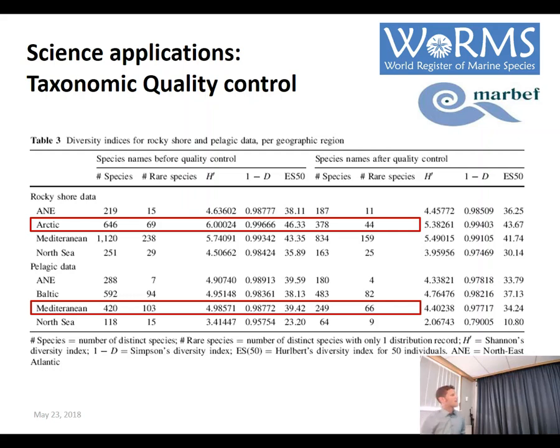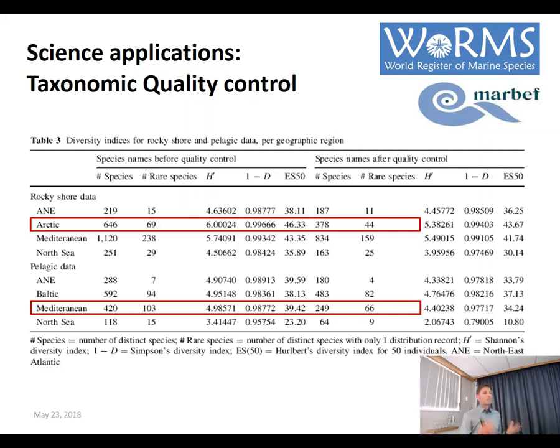This is an example of a paper where you see the number of species after a data integration exercise being found, for example, in the Arctic, 646, 69 rare species. Before the quality control with WoRMS, after the quality control of WoRMS, it drops from 646 to 378 species, and from 69 rare to 44 species.